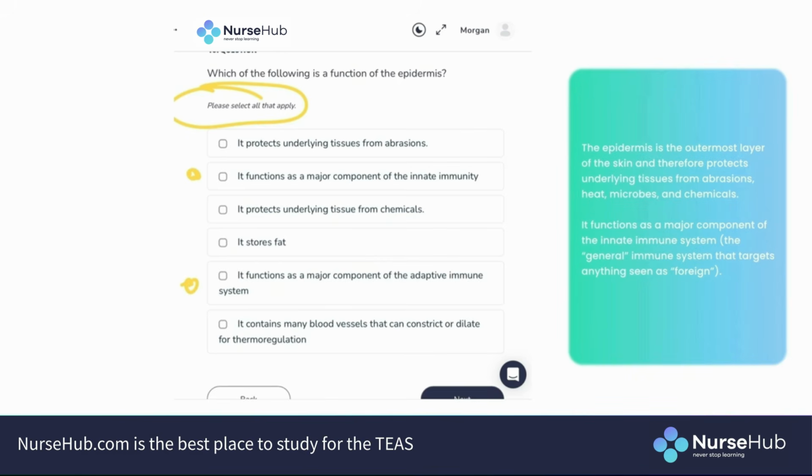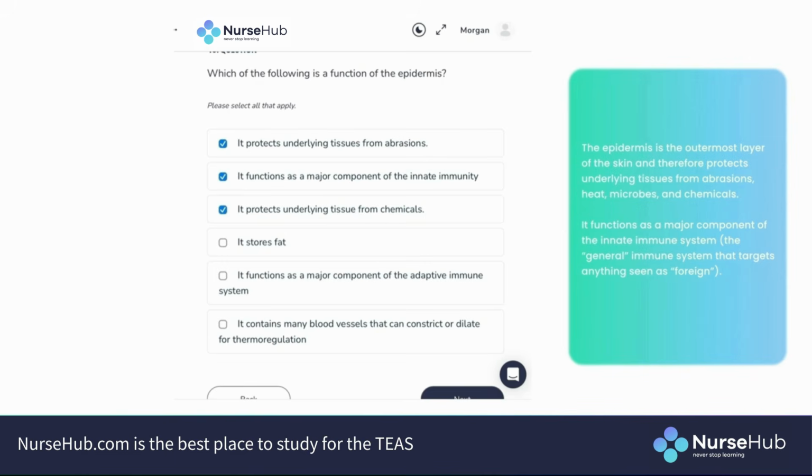All right, so I know that the epidermis is the outermost layer of skin, and therefore it protects underlying tissues from abrasions, heat, microbes, and chemicals. So I can go ahead and select a couple answer choices off the top. It protects underlying tissues from abrasions. We also know it protects underlying tissue from chemicals. It functions as a major part of the innate immune system or the general immune system. That's this one. It does not adapt, right?